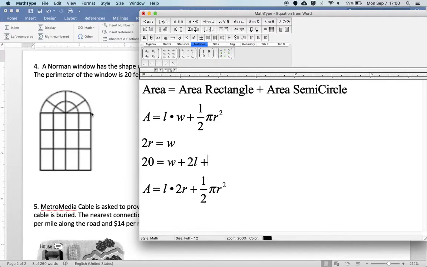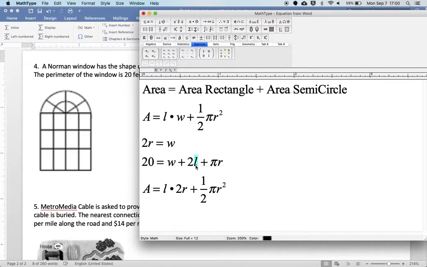The circumference of a circle is 2 pi r, so the arc length of a semicircle would be half of 2 pi r, which is just pi r. So that perimeter statement has w across the bottom, l and l going up the sides, and pi r as the arc length going on the outside of our semicircle.